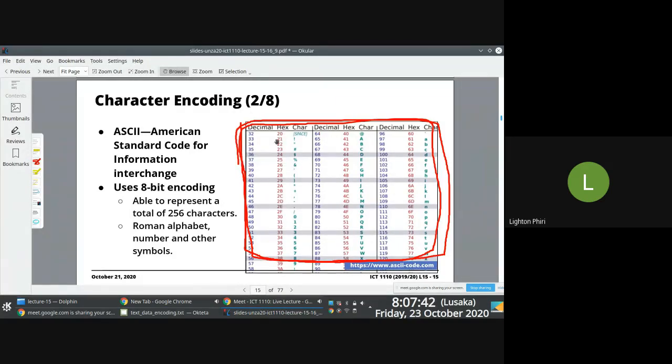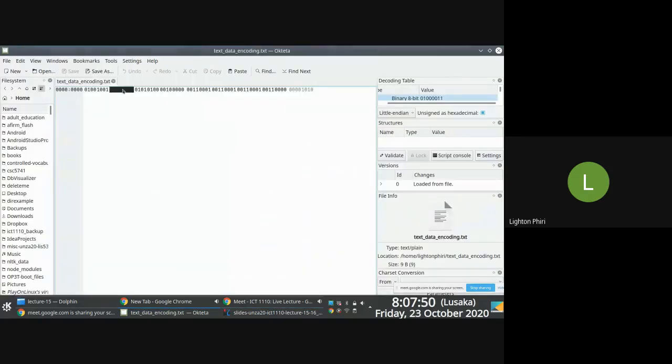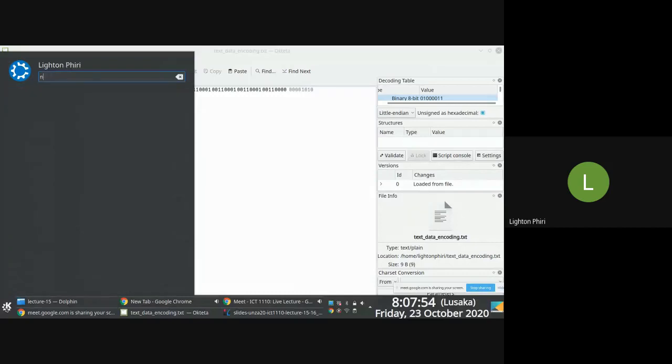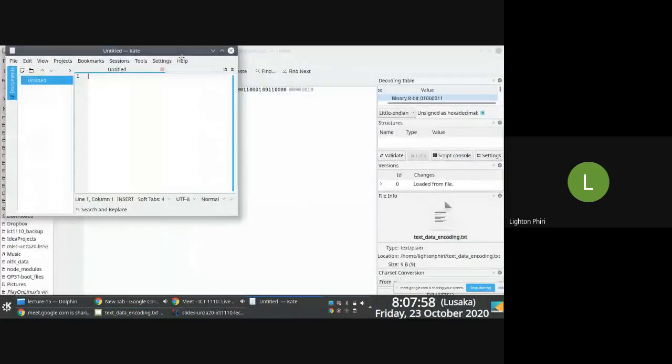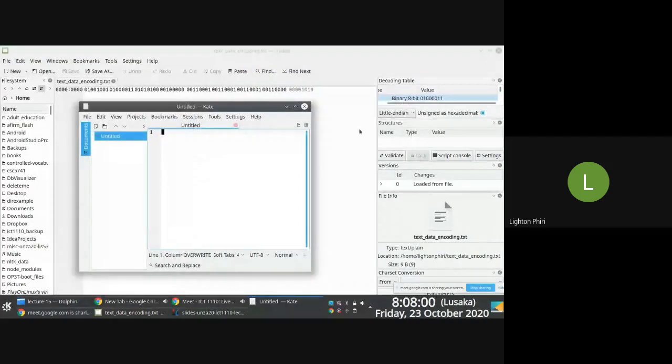If the ASCII table that you have access to has both decimal and hexadecimal representation of the character, all you have to do is figure out what is the hexadecimal representation of 01, 001? Oh, sorry about that.